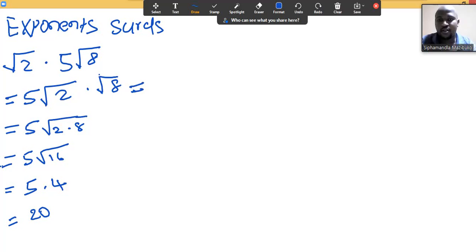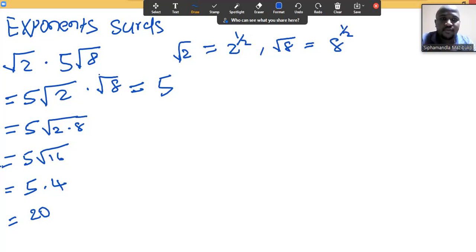From this step here, you have 5. You know that the square root 2 is the same as 2 to the power half, and square root 8 is the same as 8 to the half.